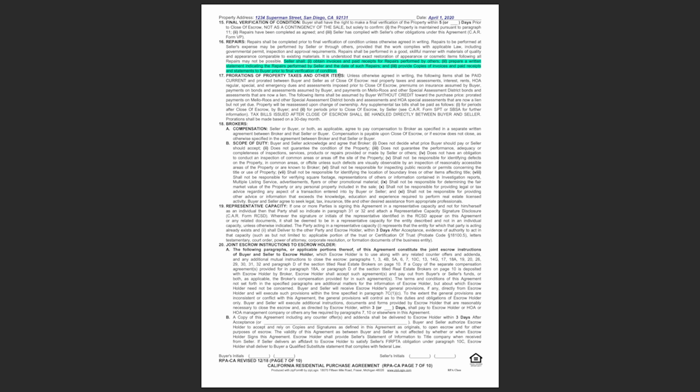So the seller is going to be paying the taxes for the period of time where they owned the home, and the buyer will be responsible for paying taxes when they owned the home. Sometimes it's a debit to one and a credit to the other, depending upon whether or not the taxes have been paid and when the taxes have been paid. So you don't need to worry about it. Escrow is going to handle the prorations on this for you.